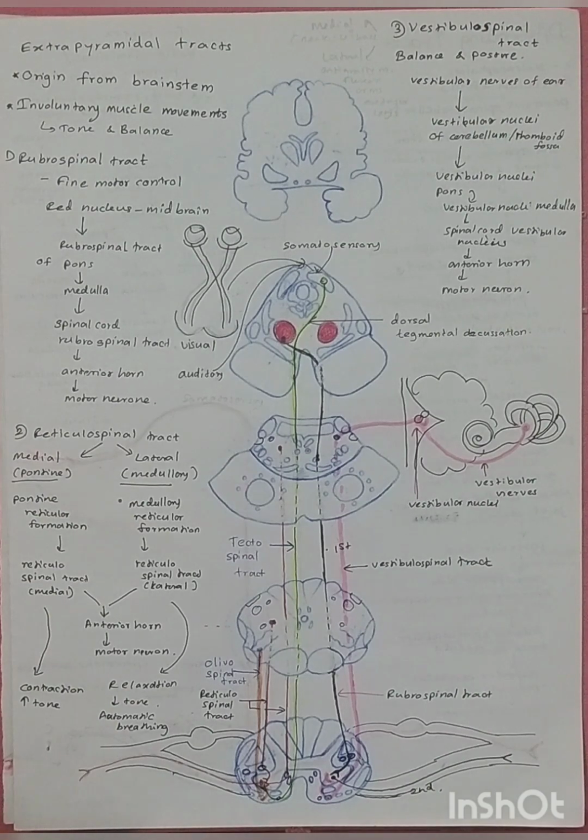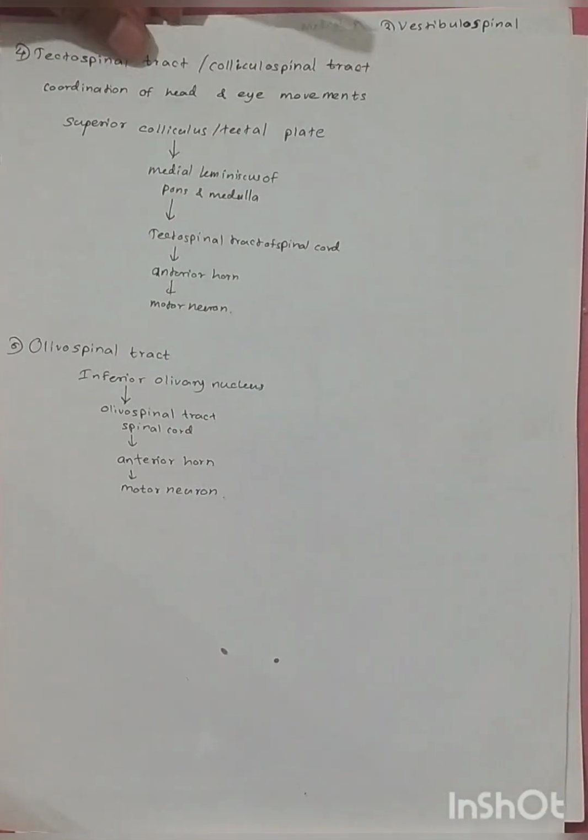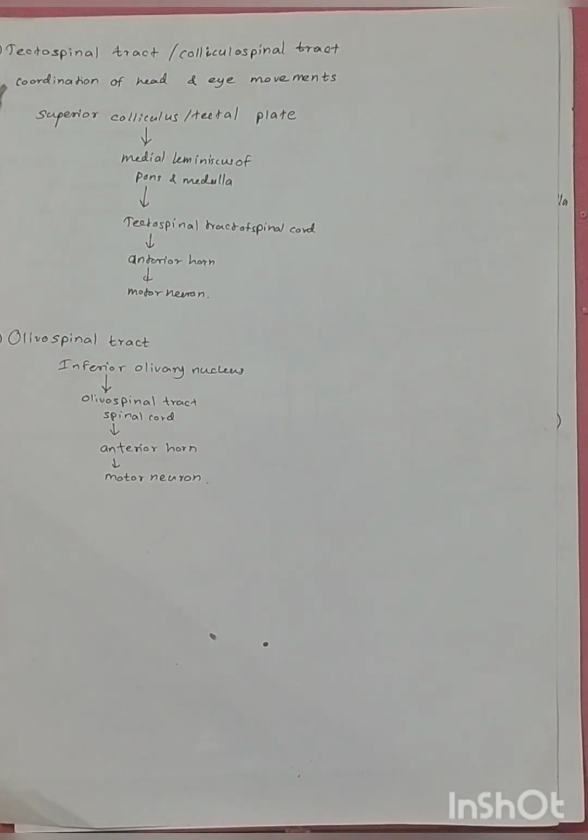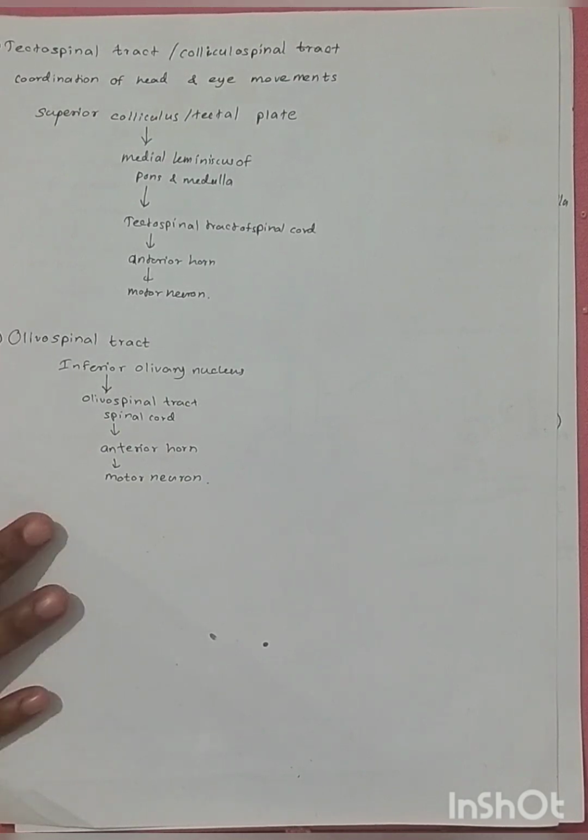So these are the extrapyramidal tracts. I'll show you here also the flow chart of the tectospinal tract and the olivospinal tract. In all descending tracts, the first neuron descends until the anterior horn.